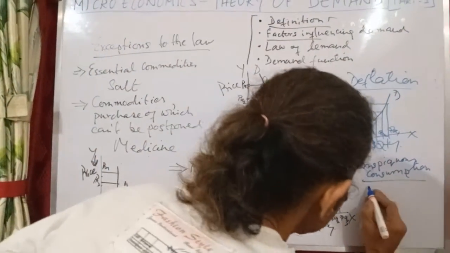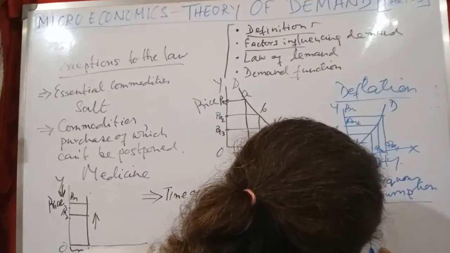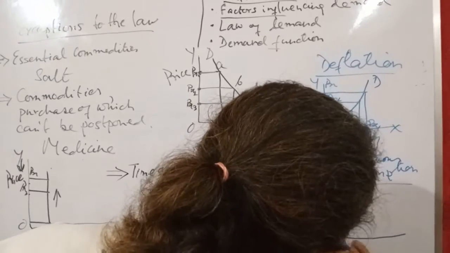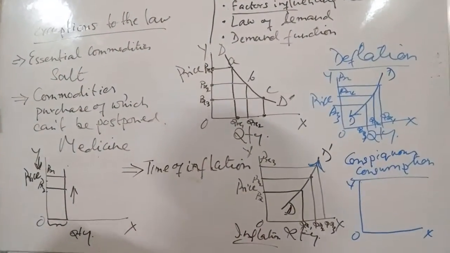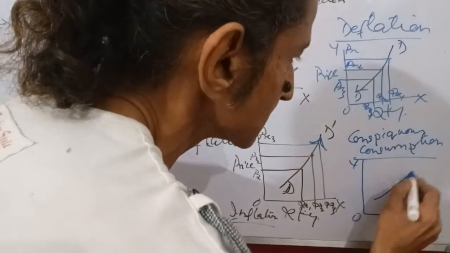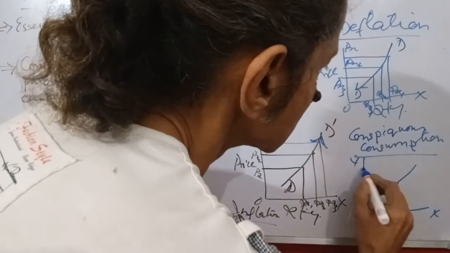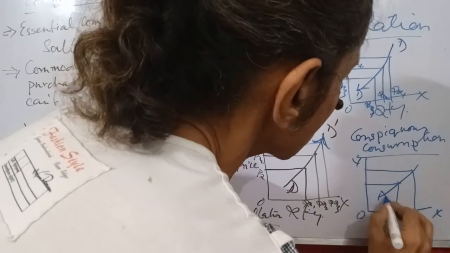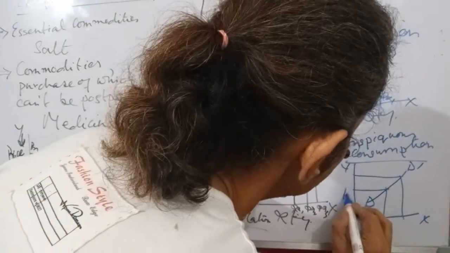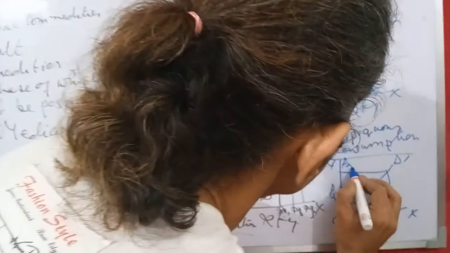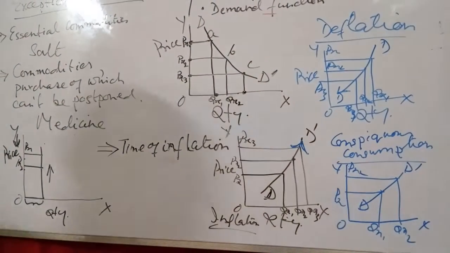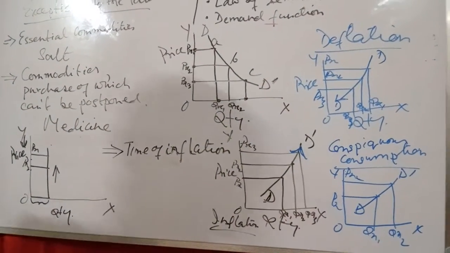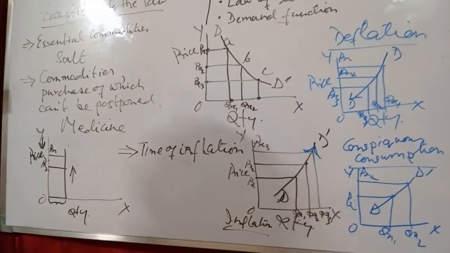So, in those cases, even if price increases, this is px1, this is px2, this is qx1, qx2. As price increases, consumption increases.